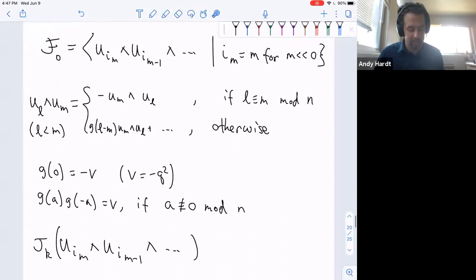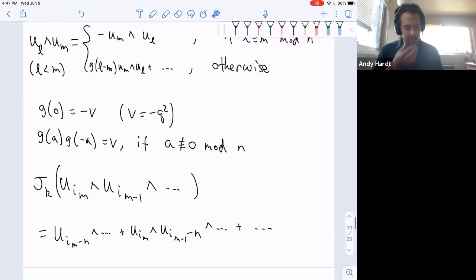So as long as you have that function with these properties, we can have a Q Fock space with these relations. And then we just have J_k again, which is all of the ways of moving a particle k spots to the left. So I think I wrote n instead of, oh, these should say kn. So here a J_k moves you k times n spaces to the left. Essentially what we have is a representation that's n dimensional.